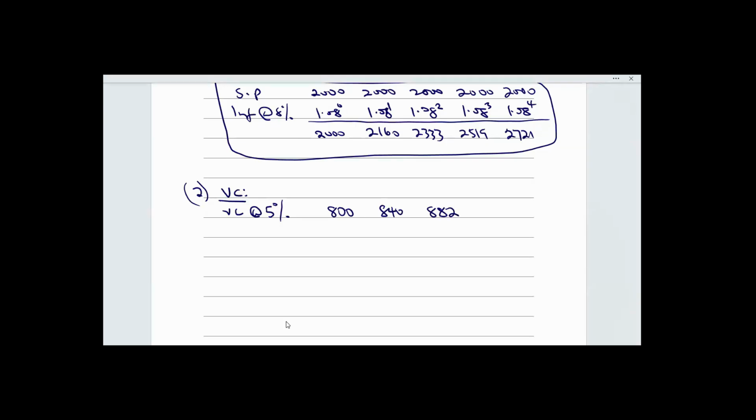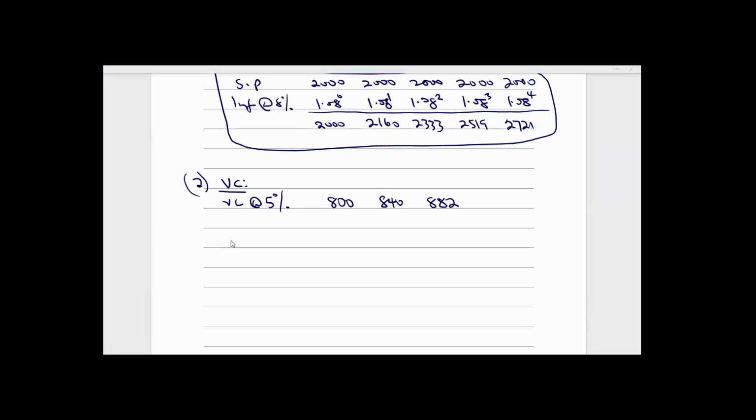What you have in your calculator, multiply by 1.05, 926. Year 5, what you have in your calculator, multiply by 1.05, equal 972.